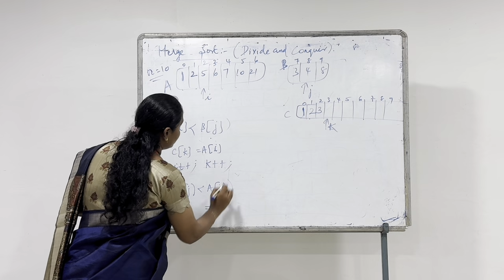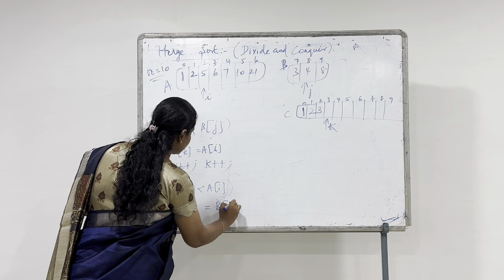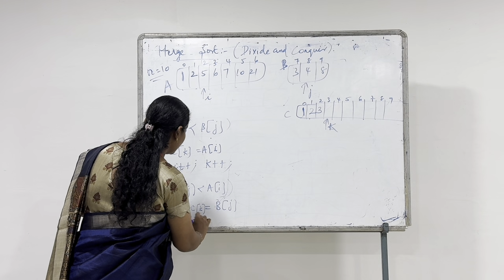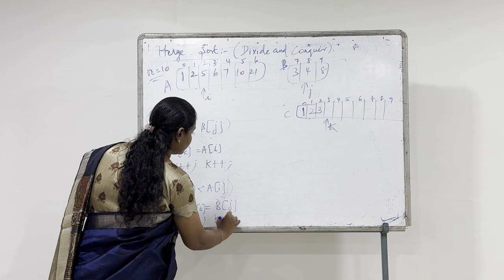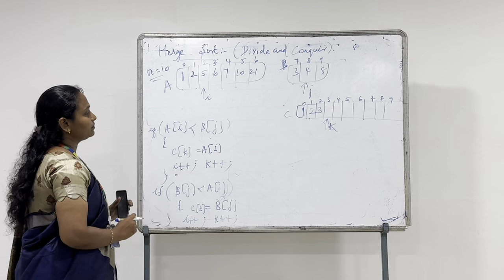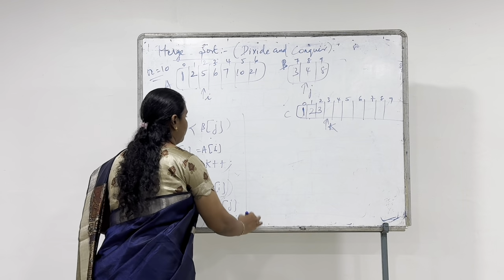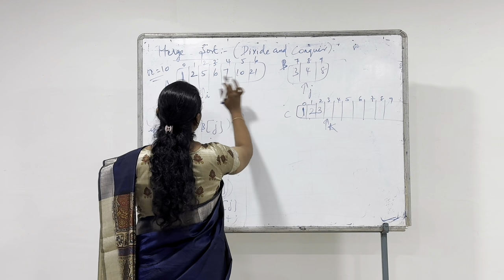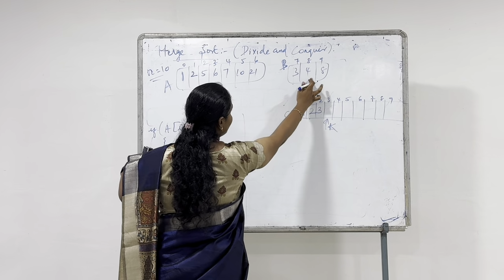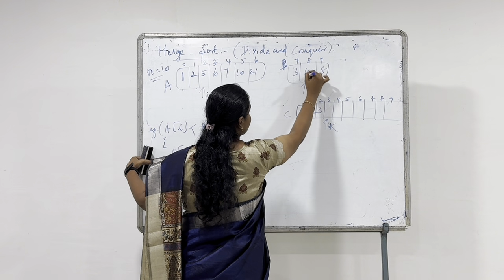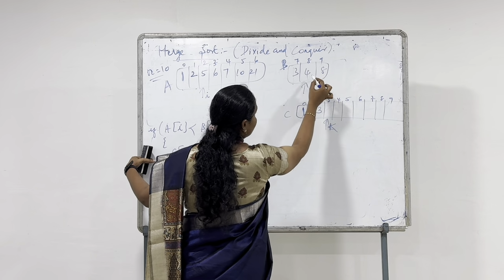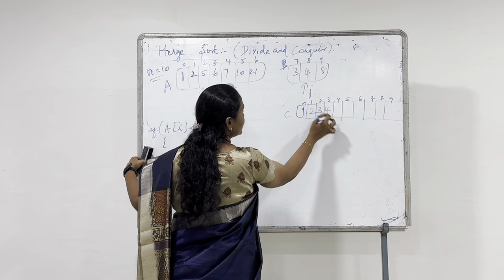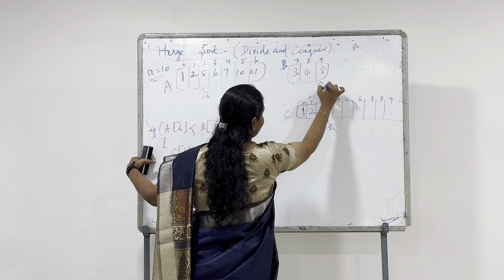So we moved B array's value to the C array and then incremented J as well as K. Now compare, this is I and this is J. Comparing these two values, 4 is lesser than 5. So move B of J, that is 4, to C of K. Now increment J and also K.